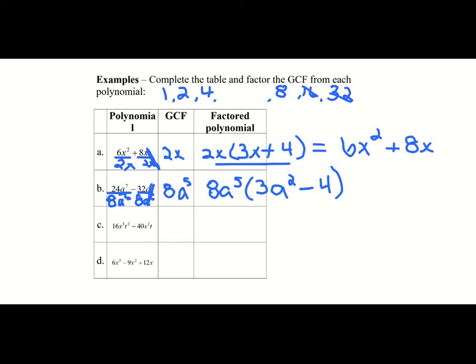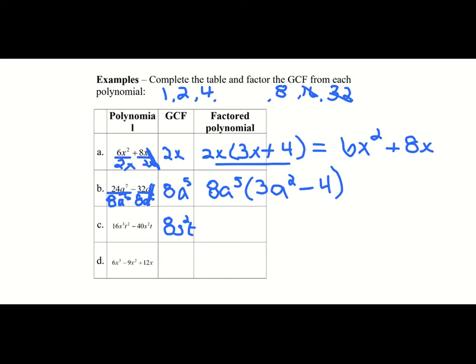Now for C, we have 16 and we have 40. I know 16 does not go into 40, but I do know 8 goes into both, and that's going to be my greatest common factor again. They do both have s's, so it would be s to the 2nd, and they both have t's, and my lowest power is a single t.